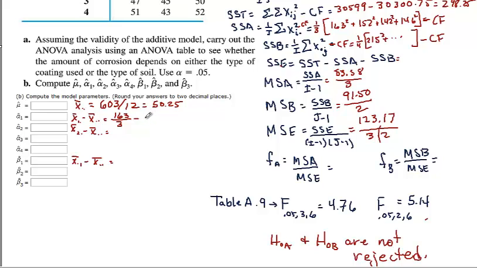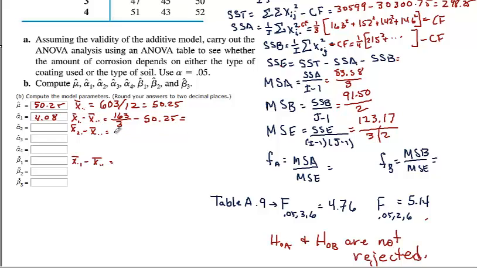So minus the 50.25. And you'll put that value in here, 50.25. And then you'll put whatever you get for this one, which I think would be, for alpha 1, 4.08. I'm just trying to see what the difference in each mean is. And you just carry on with that.